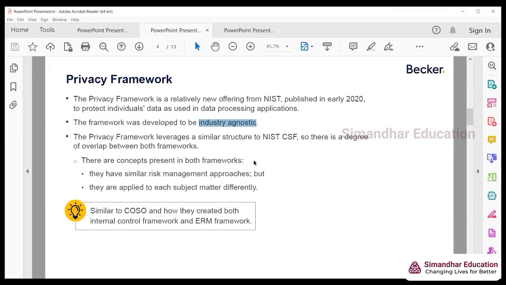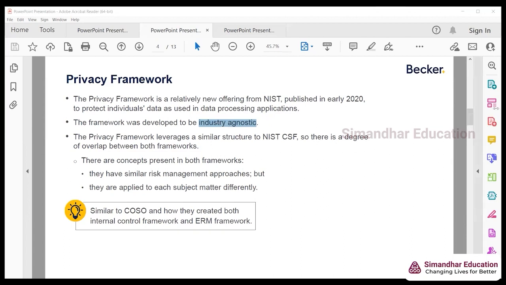So is IFRS or US GAAP industry agnostic? Largely, I'm saying, not 100%, but let's say 70% industry agnostic, whatever is written in US GAAP or IFRS. Yes, you guys are right.